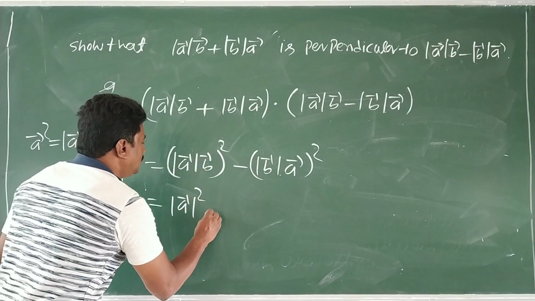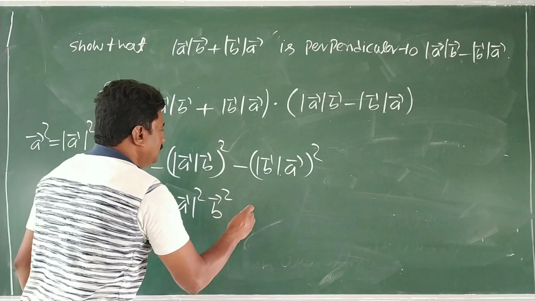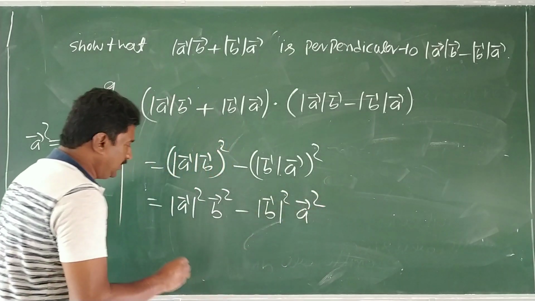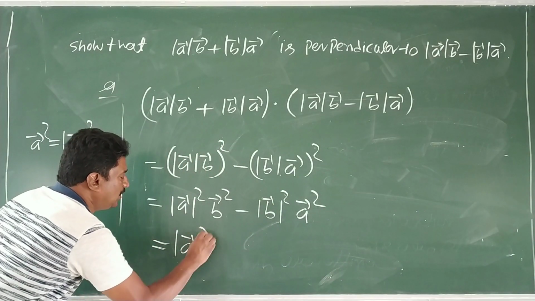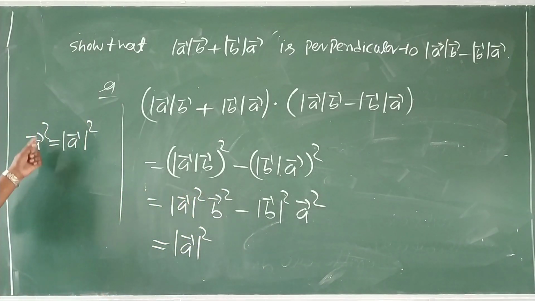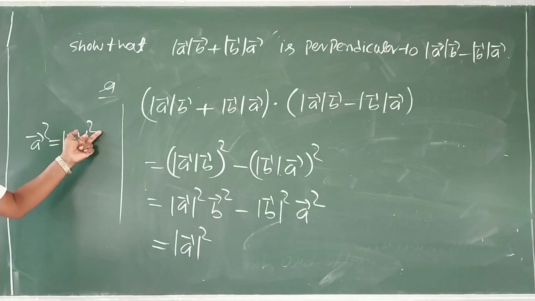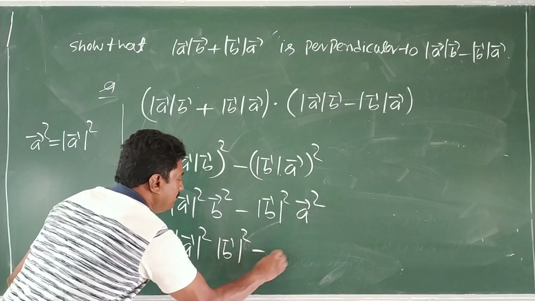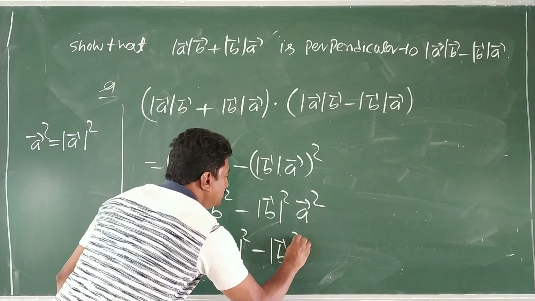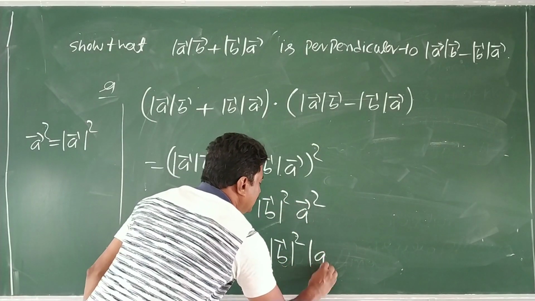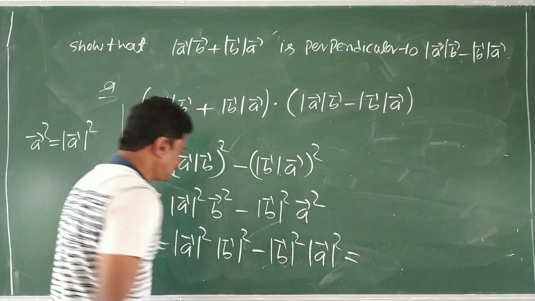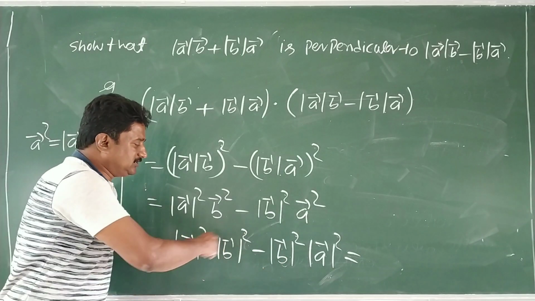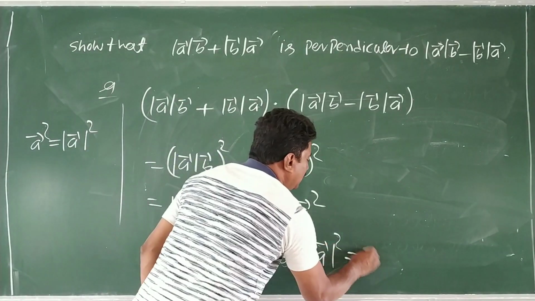Length of vector A square into vector B square minus length of vector B square into vector A square. Same terms with opposite signs get cancelled. These two get cancelled. We are getting 0.